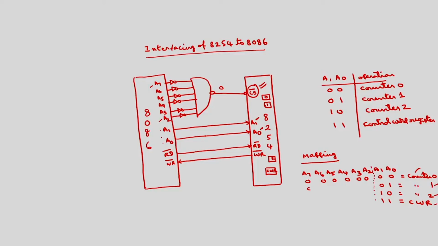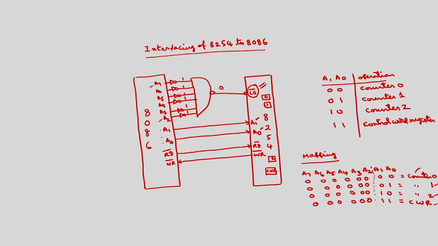So you have to fix these values to 0. Once these are zeros, the output of the inverters will be ones. If all the inputs of the NAND gate are 1 then only the output is 0. If any one of the inputs is 0, the output is 1.